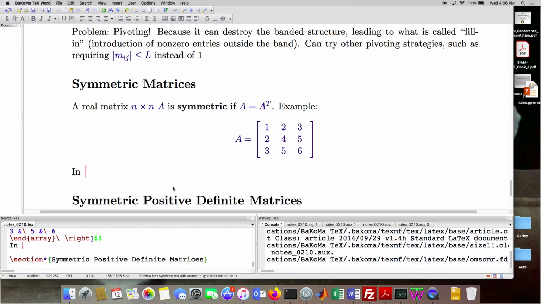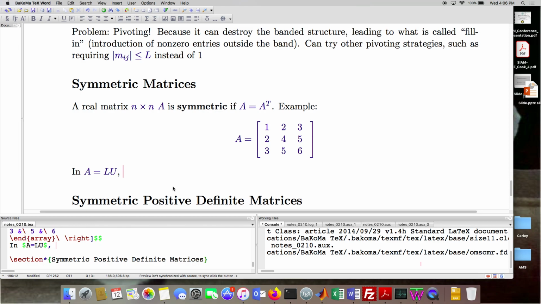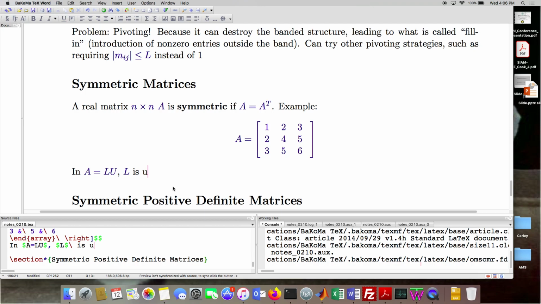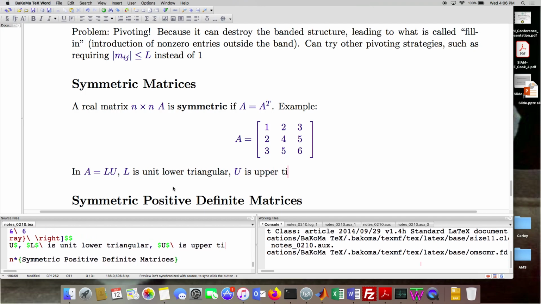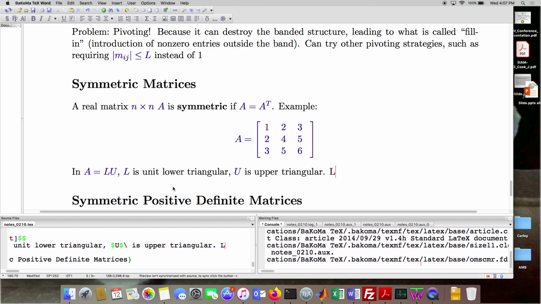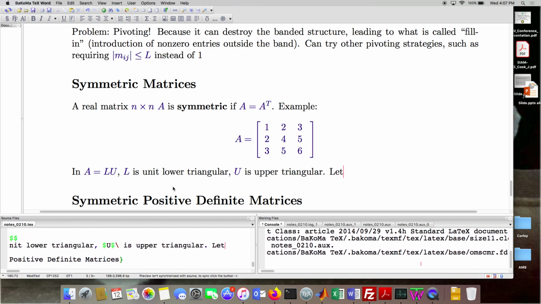Now, in the LU decomposition, A equals LU. For now, we won't talk about pivoting. We know that L is unit lower triangular and U is upper triangular. What I'm going to do is modify this decomposition a little bit so that we have a unit lower and a unit upper triangular matrix.